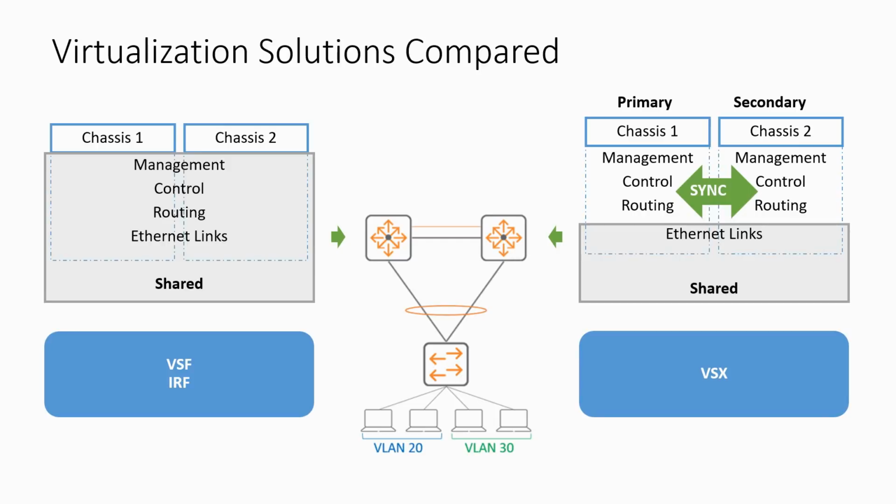In addition, VSX builds on the advantages that you have with MC-lag. So you have a fully distributed environment for data and control plane, so not just for layer 2 but also for layer 3 operations. And with MC-lag you can configure an active gateway. So active gateway provides similar functionality as VRRP, but it has two main advantages.